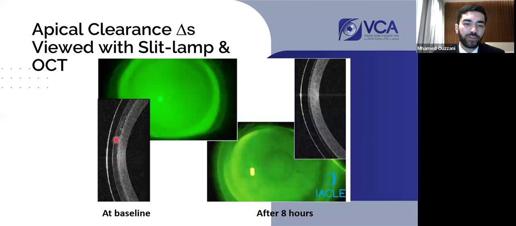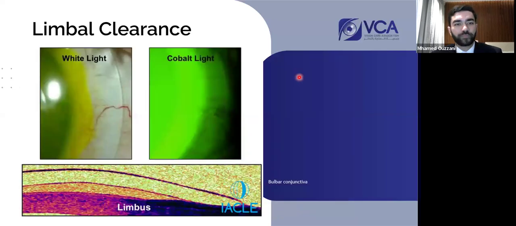Between, you have the central clearance, and here you have the cornea. So when we compare this apical clearance to the central lens thickness, we see that it's mainly the same. But after 8 hours, we see that this lens has settled and the apical clearance reduced significantly.